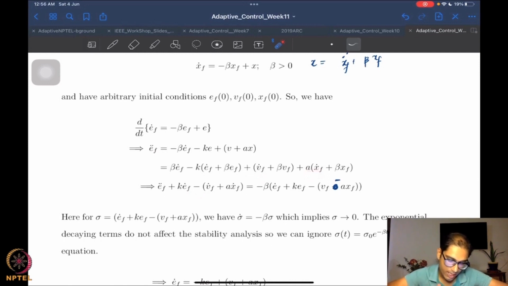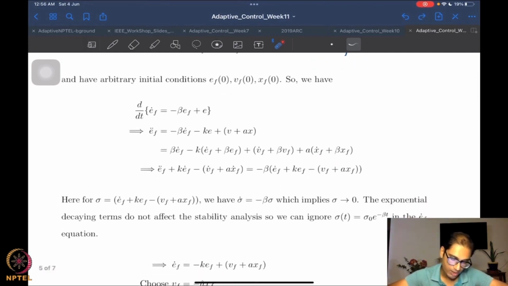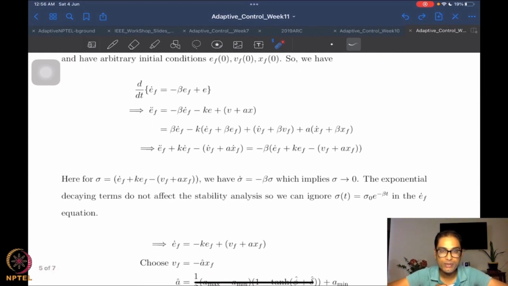Alright, great. Then what I have is minus beta, EF dot plus KEF minus VF minus AX. So this was correct. Okay, great. So this is fine.